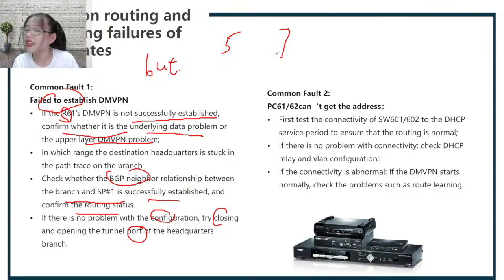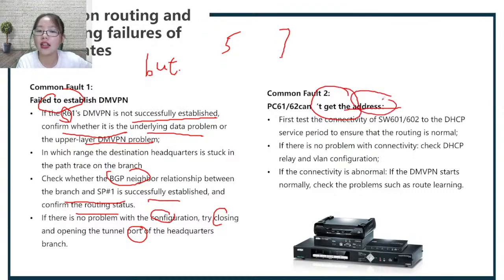We can also share the second fault, where the PC can't get the device. You need to first test the connectivity of switches 601 and 602 and the DHCP service, to ensure that the routing is normal.